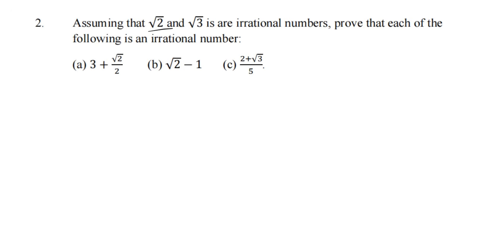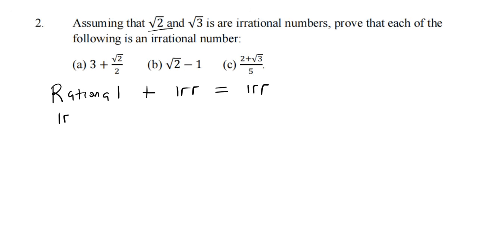Now basically, what are we supposed to understand? An irrational number plus an irrational number will always give you an irrational number.